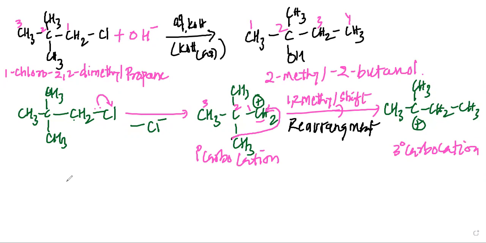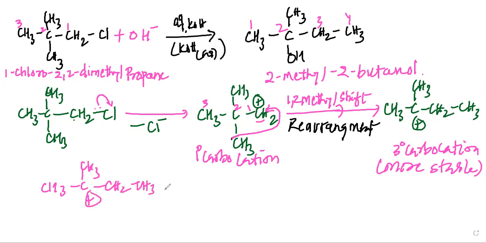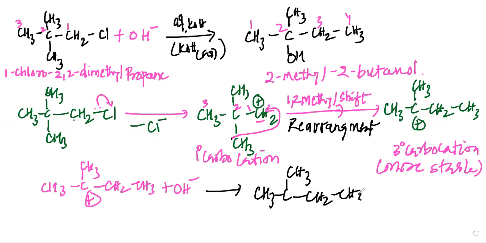This tertiary carbocation, which is more stable, CH3, CH3, CH2, CH3 plus, undergoes the reaction with OH minus to give us the final product CH3, CH3, CH2, CH3OH. And this is how, my dear students, we understand the mechanism of these particular reactions.